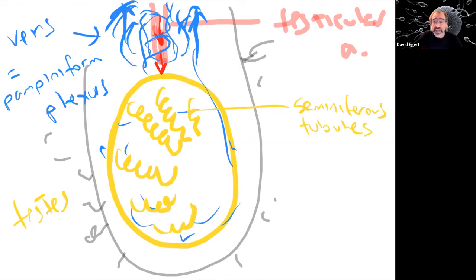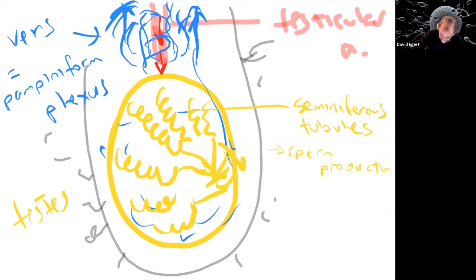I think it's something like half a mile of them in your testes. The seminiferous tubules, these are where sperm is produced. They ultimately all converge in this area called the rete testis. There's then this area called the epididymis, which is basically a place where the sperm are stored and matured.